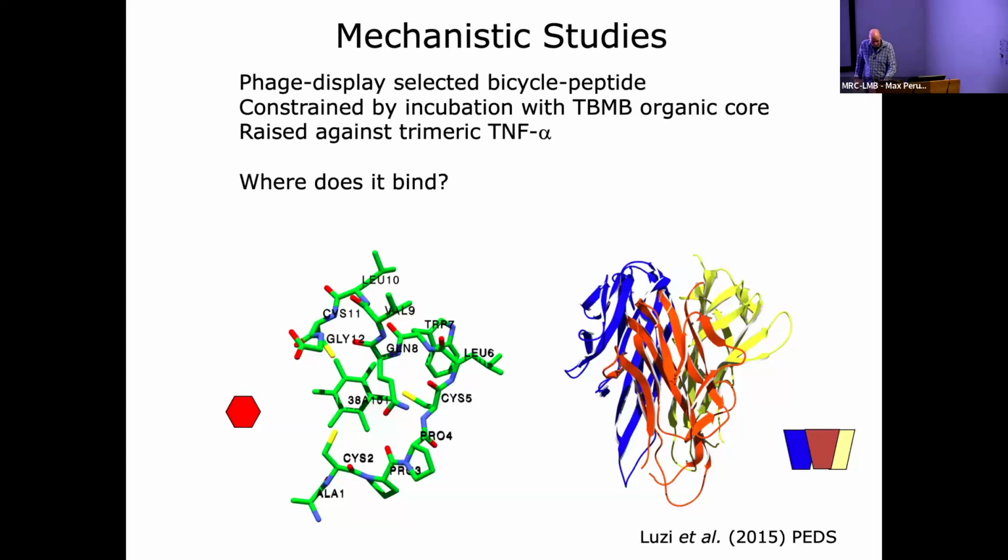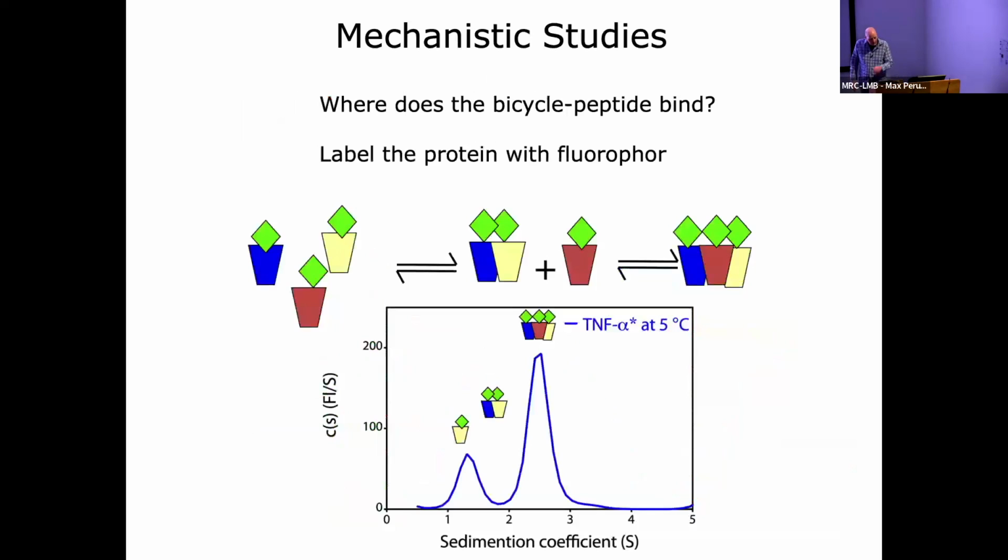They wanted to know exactly where it binds. So we labeled TNF alpha itself and sedimented it. We can see there's a trimer, and then there's also a monomer. But there's something in between the two that's not baseline resolved as it should be, so we think there's a small amount of dimer.